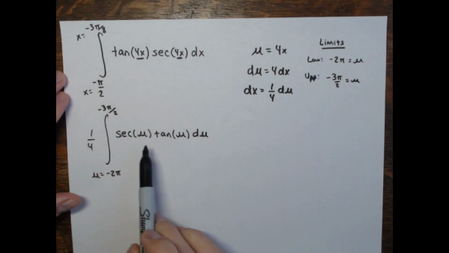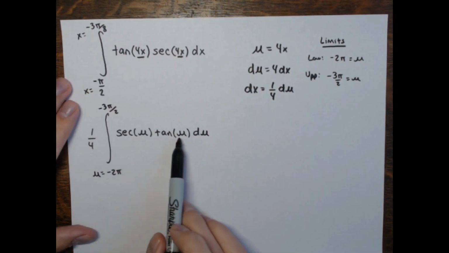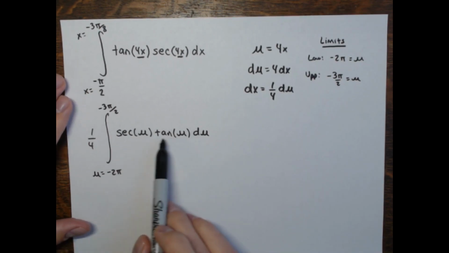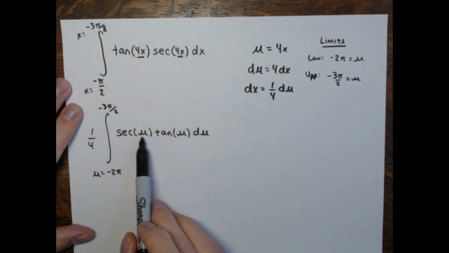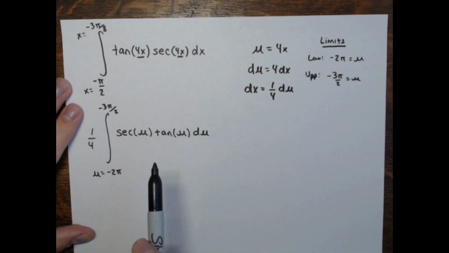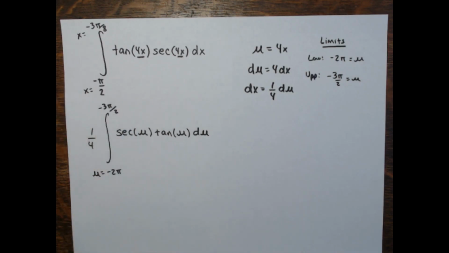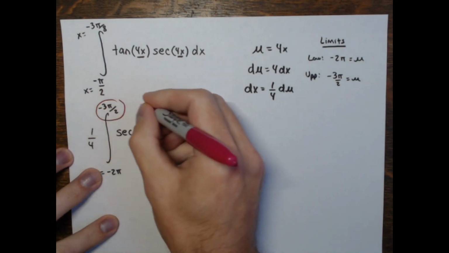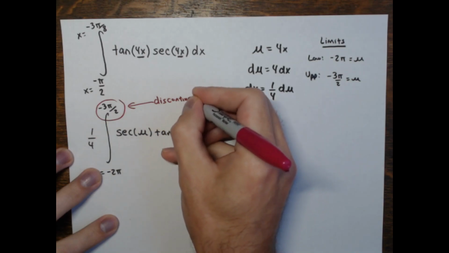Okay, so now that I've got it like this, let's think about what values of u would make these undefined. Is either of these functions discontinuous? Well, remember, secant is 1 over cosine, tangent is sine over cosine, so both of these would have cosines in the denominator. And cosine is 0 at those odd multiples of pi over 2, so we're discontinuous at this value.